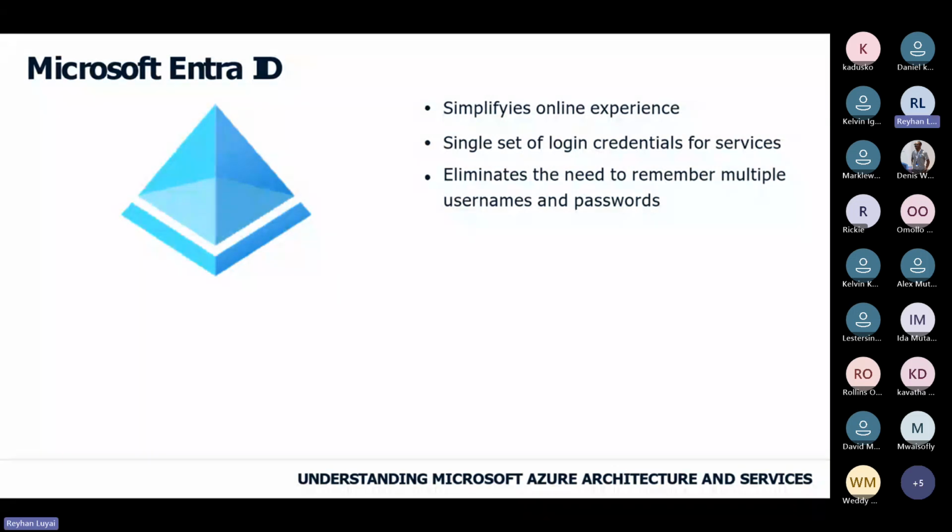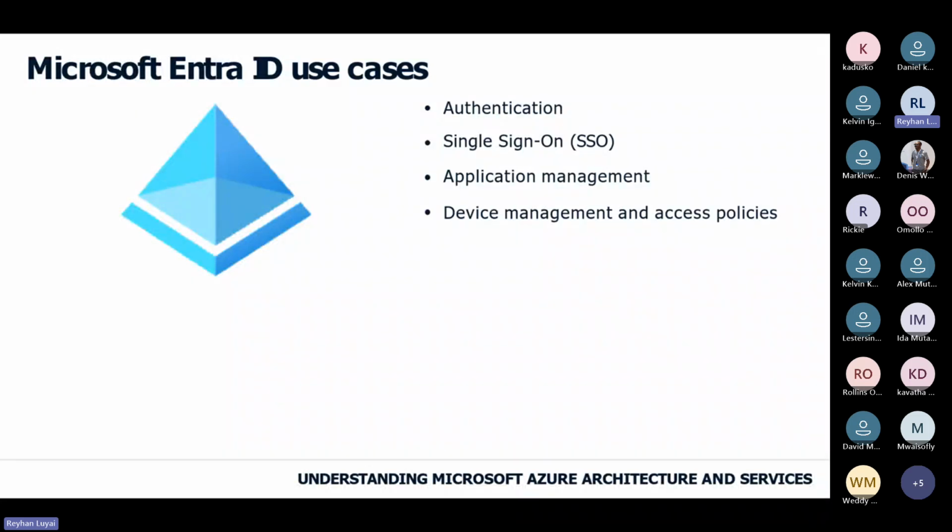Okay, so Microsoft Entra ID offers key services like authentication to verify identity for accessing applications, with features like multi-factor authentication, which we'll look at later, and single sign-on, to remember one password and username for multiple applications and platforms.